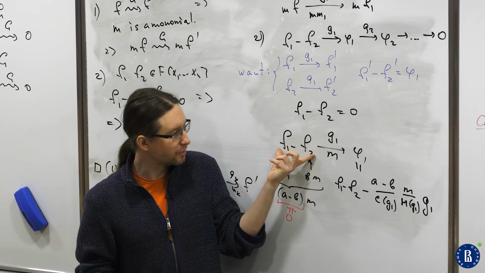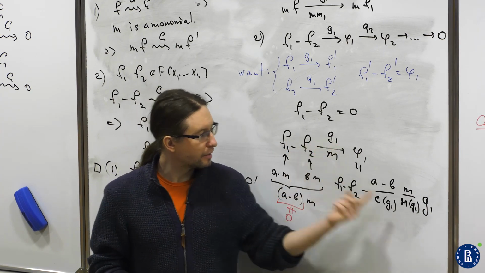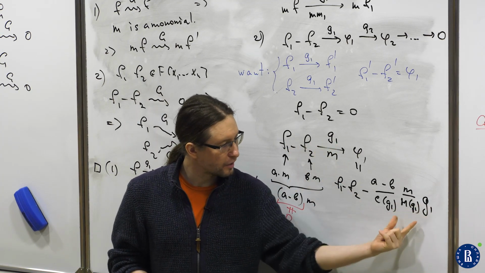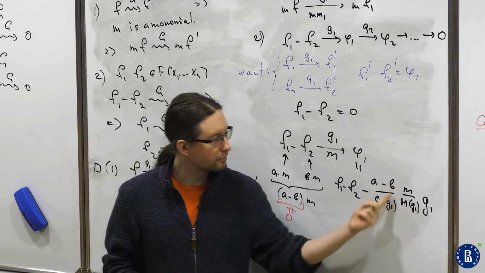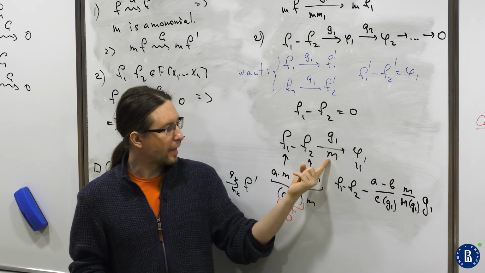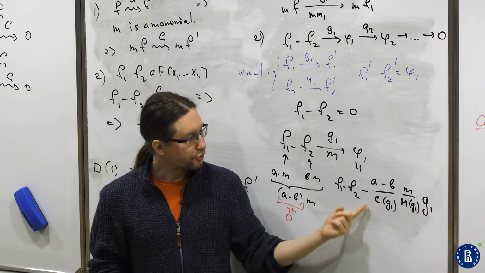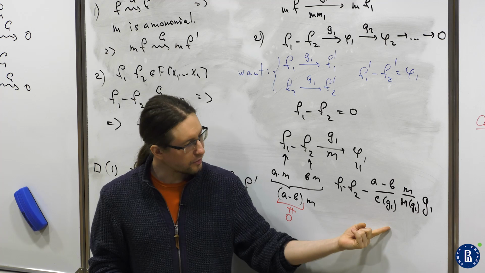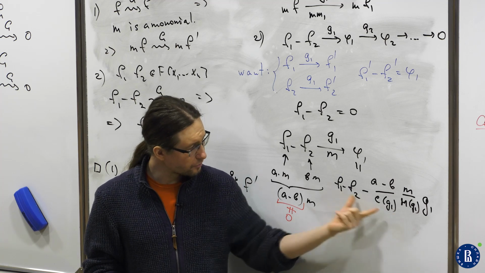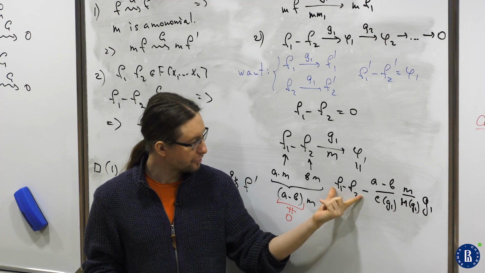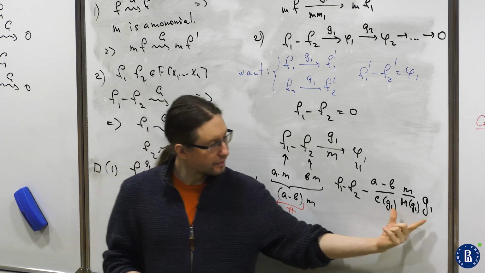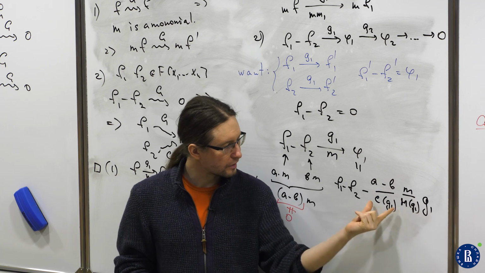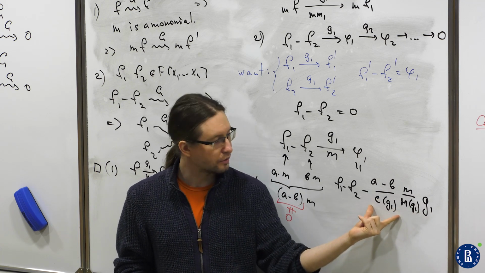So I take the initial polynomial, I multiply the leading monomial of G1 by a monomial in such a way that the leading monomial of G1 will be M, and then I should make the leading coefficient to be the same as the coefficient here near M. The coefficient near M is A minus B. The coefficient here near leading monomial is CG1, which is the leading coefficient of G1.